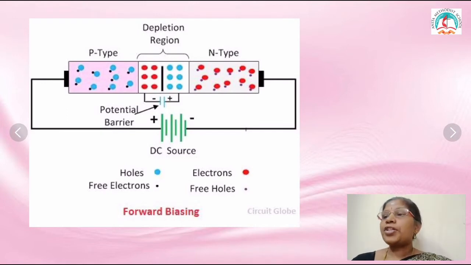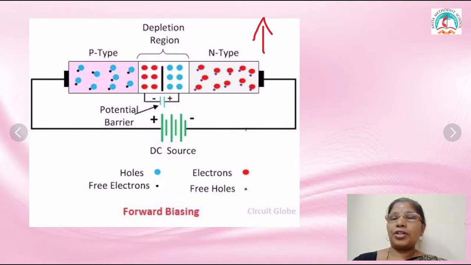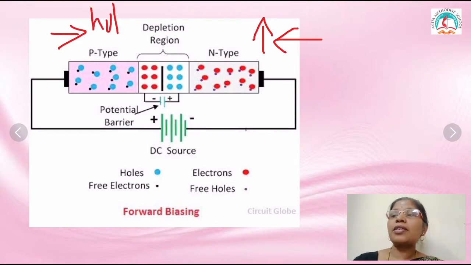So when the potential is applied across the depletion region, what happens? You see here, the higher potential is on that side, which prevents the electrons from moving towards the p-type semiconductor. In the same way, on the p-type side, it prevents the holes from crossing the junction, the depletion region.